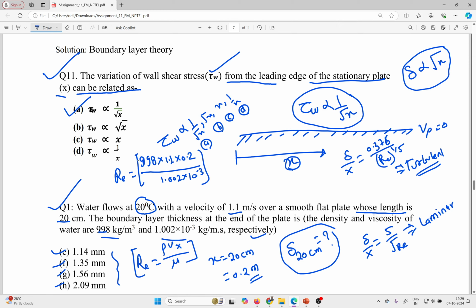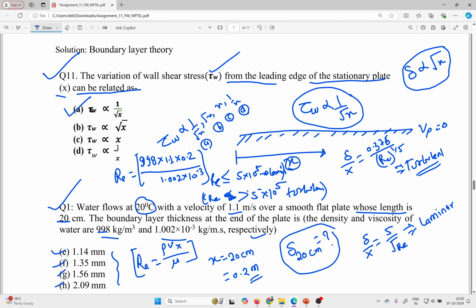If this value is less than or equal to 5 into 10 to the power 5, laminar; if it is greater than 5 into 10 to the power 5, turbulent.